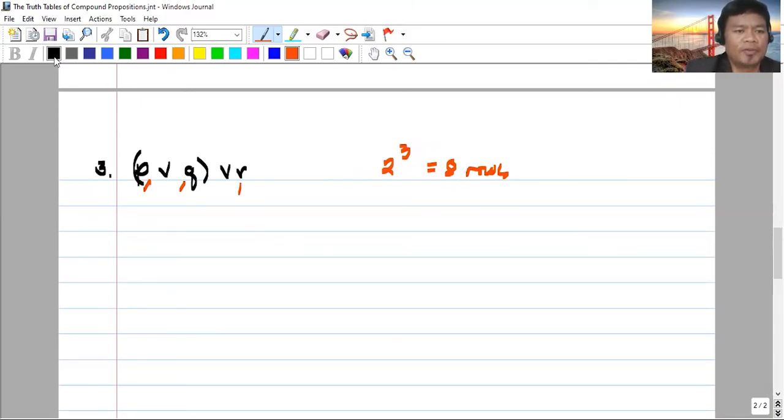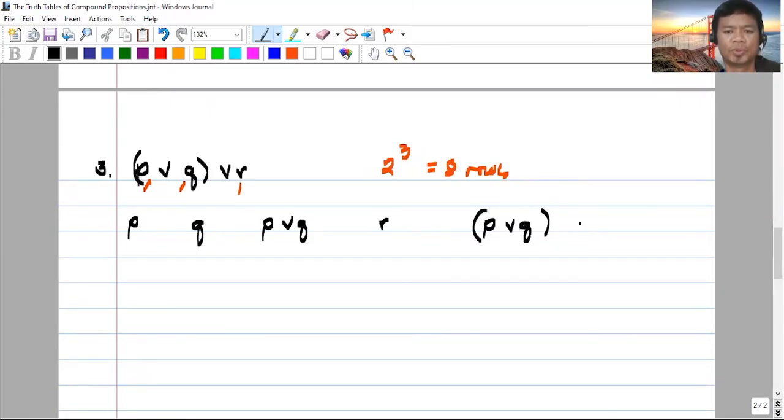So we have here the variables P, Q, R, then P or Q first, and then R, and eventually we have P or Q or R. So the arrangement is better. Since there are 8 rows, the division of true and false must be 4 true and 4 false.